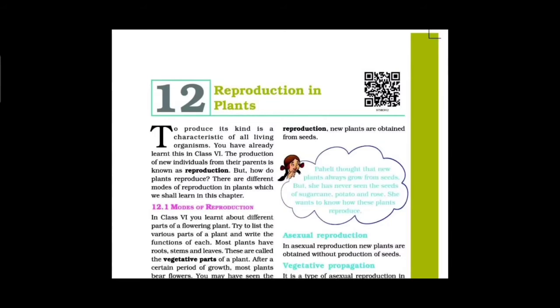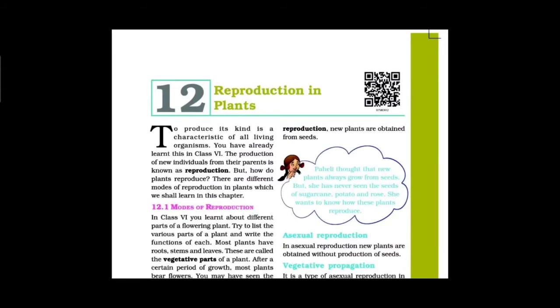Then you may have seen mango trees, for example. Mango trees flower in spring, right? This flower gives rise to juicy mango fruit. We eat the fruit and usually discard the seeds.